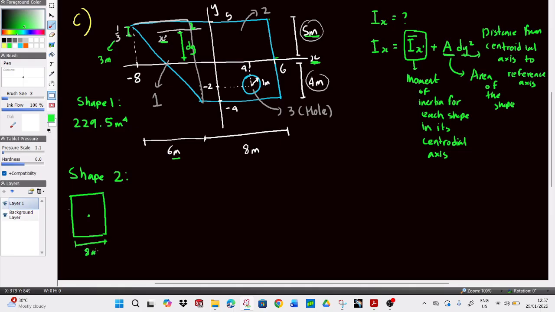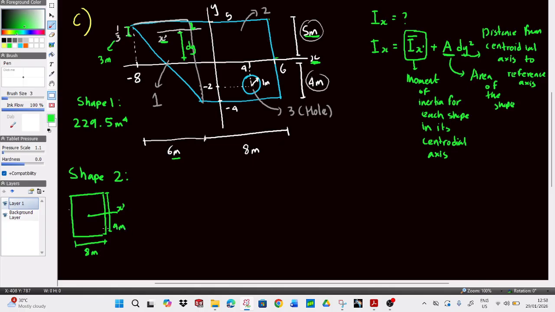This is the centroidal axis, x prime, which is directly in the middle, so it's very nicely fitted. And basically we know the length of the rectangle is 9 meters. The whole thing is 9 meters.